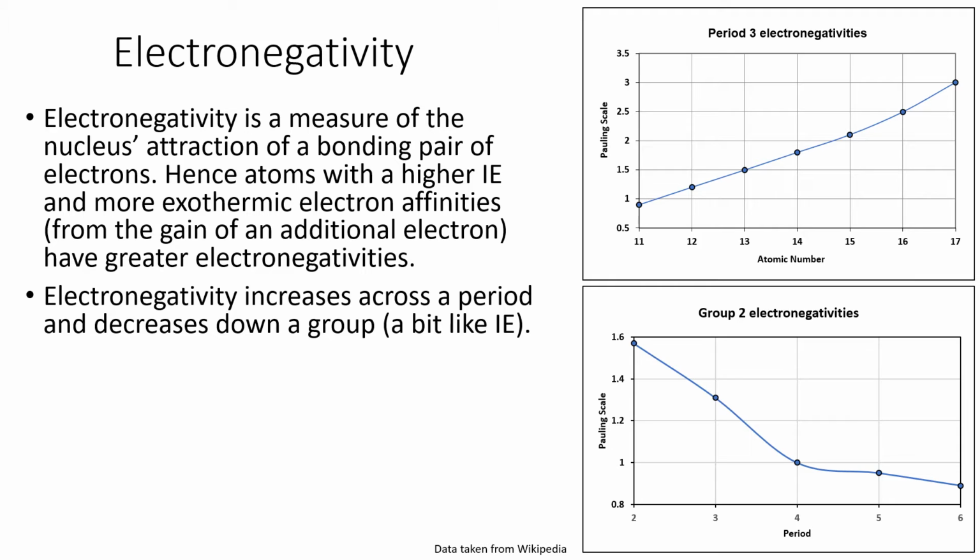Now, in my opinion, electronegativity is really grossly overused in chemistry to explain things. As I said before, it's a slightly vague concept with lots of different approaches to talking about it.